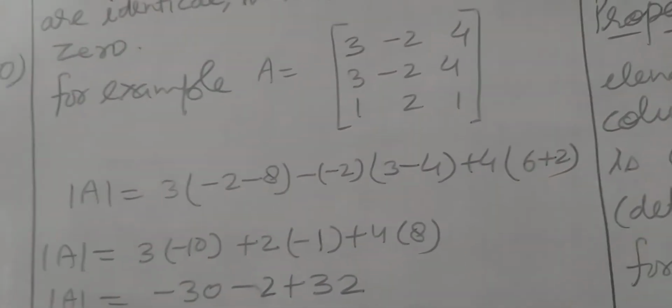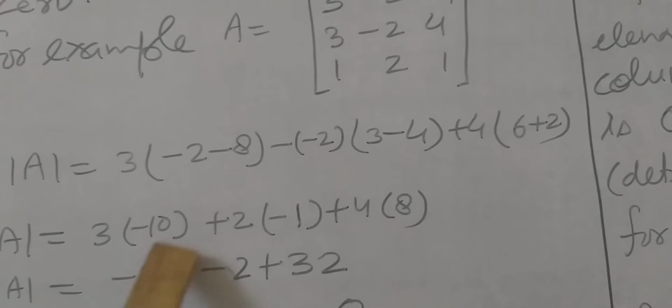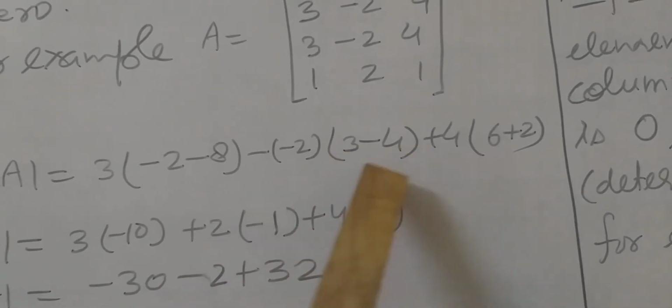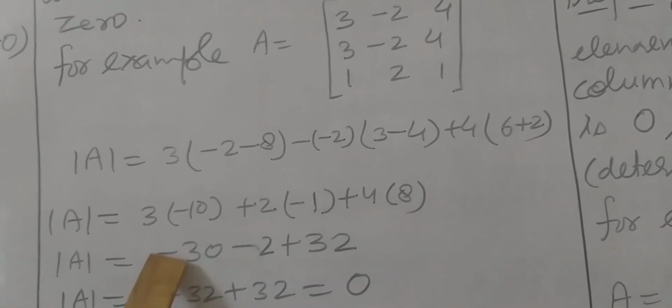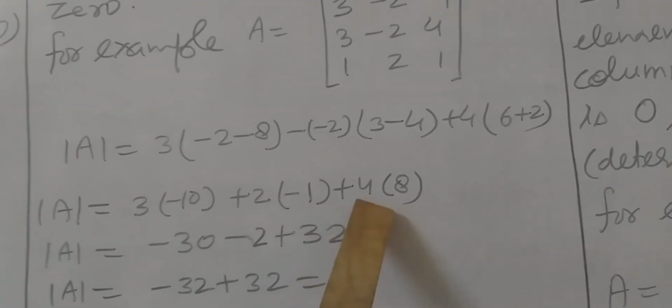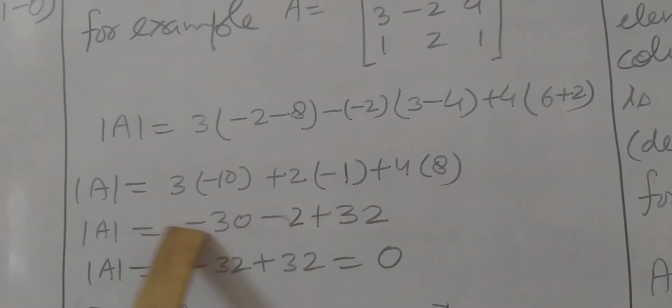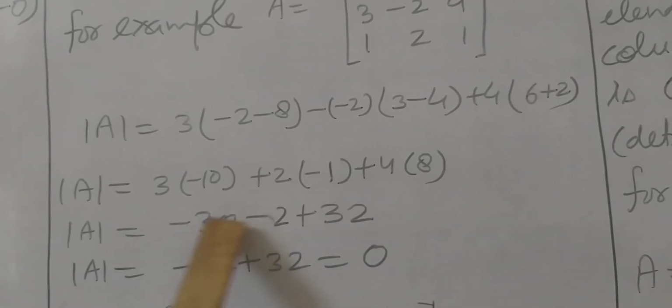Let us do the calculation, students. 3 into minus 10 plus 2 into minus 1 plus 4 into 8 gives minus 30 minus 2 plus 32. So plus 32 and minus 32, 0.